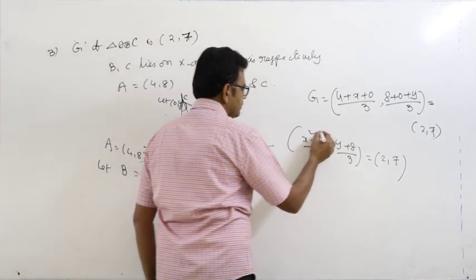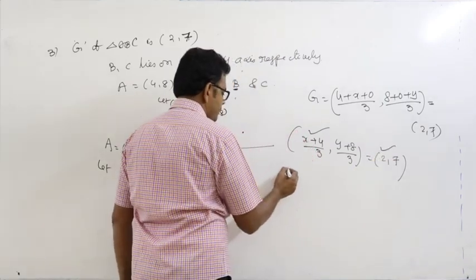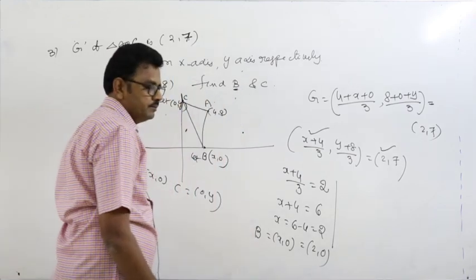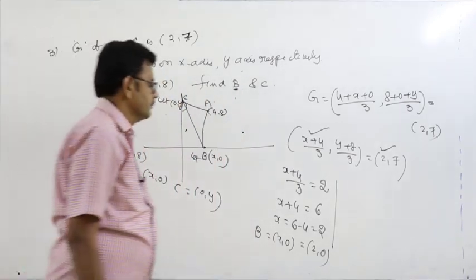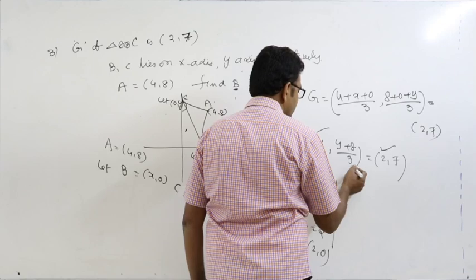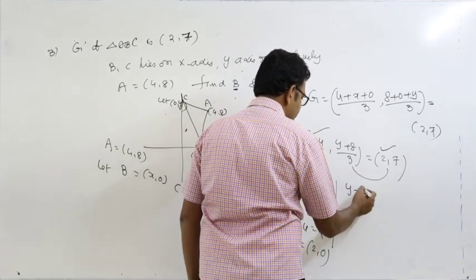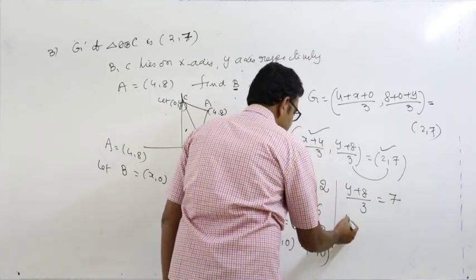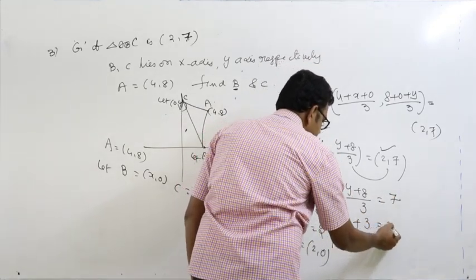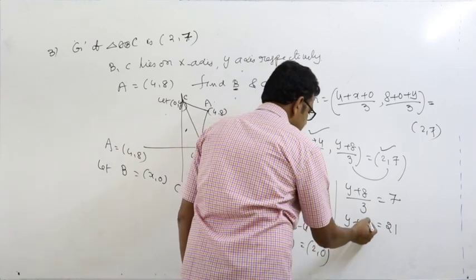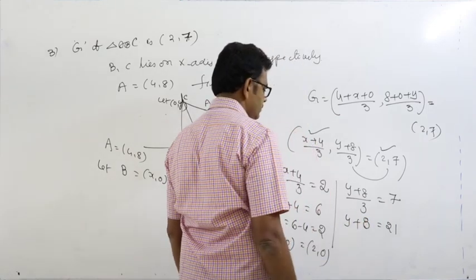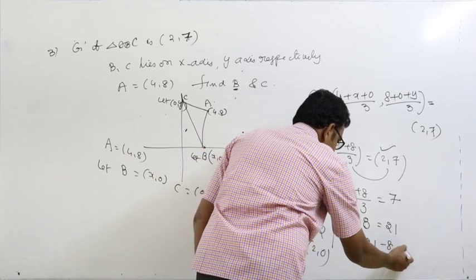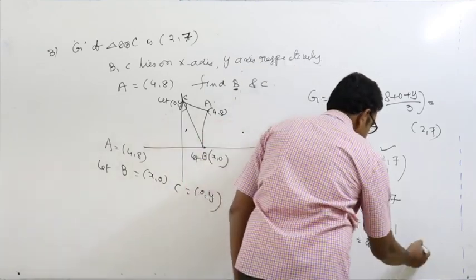Equating x coordinates, x plus 4 by 3 is equal to 2, so x is 2. Equating y coordinates, y plus 8 by 3 is equal to 7, so y plus 8 is equal to 21, y is equal to 21 minus 8, that is 13.